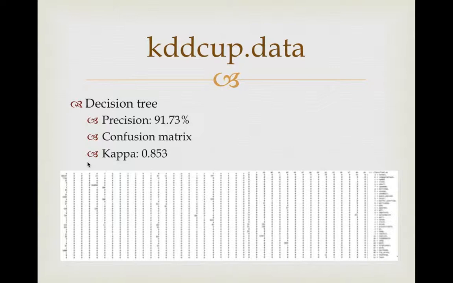This matrix indicates the correct answers compared with my predictions. The data on the diagonal means the number of correctly predicted answers. And I also reached a very high kappa, 0.8. Wow.